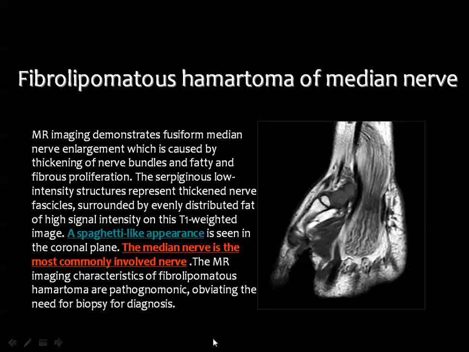And sometimes they relate this to the appearance of spaghetti. And you see here there are multiple lines representing the fibers of the nerve associated with extensive enlargement due to lipomatous infiltration.